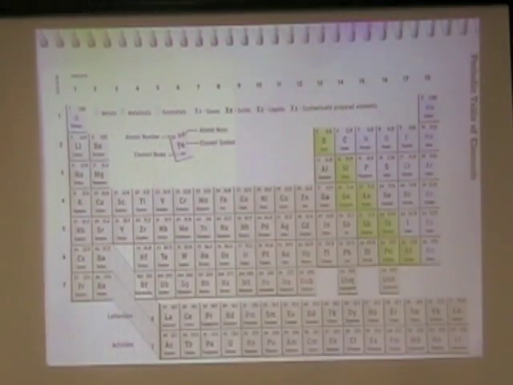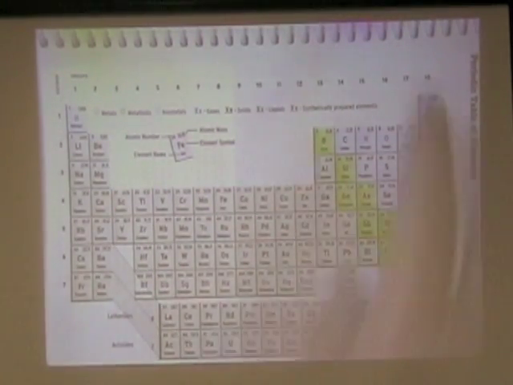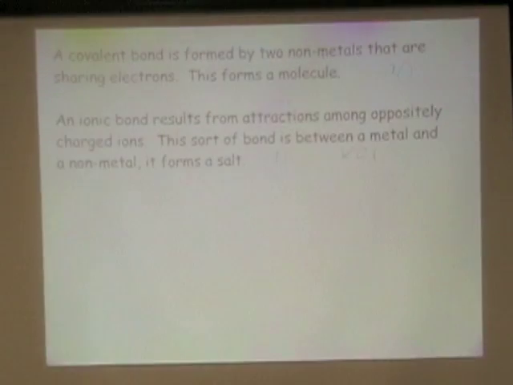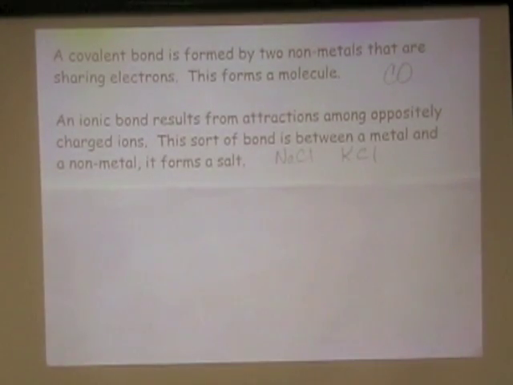Let's not talk about the metalloids right now. We will, but we're not going to right now, because it depends, really. And once you guys get a little bit of expertise and experience at this, you're going to be able to make the judgment for yourself as to whether that is an ionic bond or a covalent bond. So we're just going to leave that alone for right now.